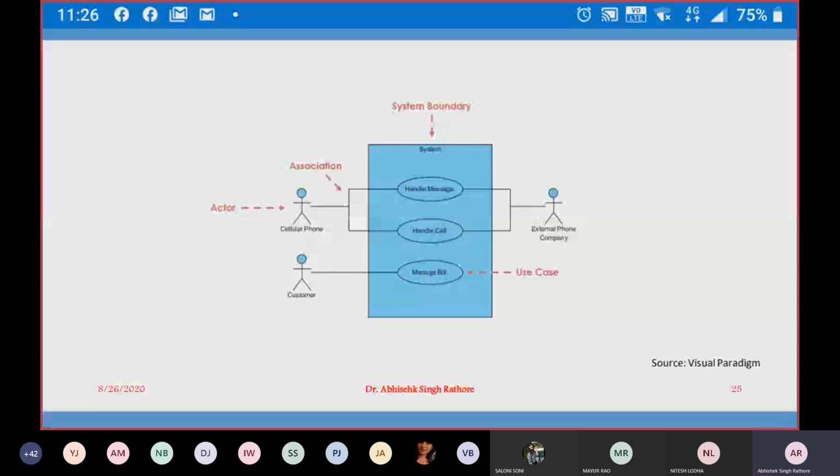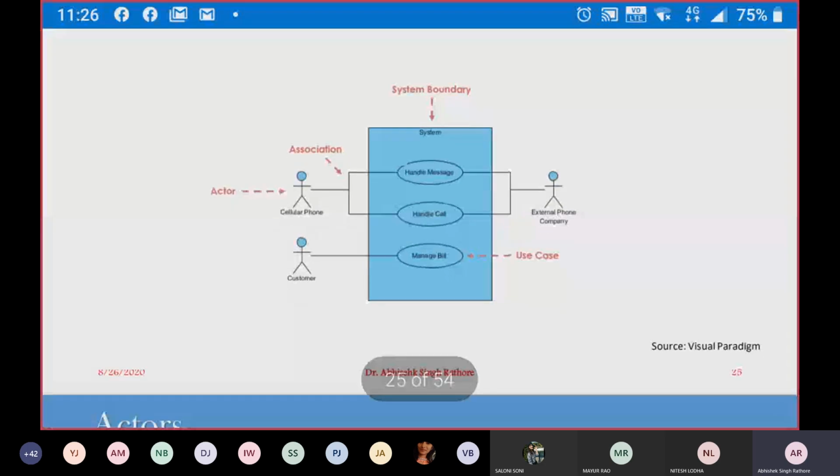Then we have some relationships between the use cases and the actors. These actors are the cellular phone, customer, and external phone. And then we have a system. The system is shown in a blue rectangle, and then we have a system boundary. In the first class, I told you that a system has a boundary and resides in some environment.